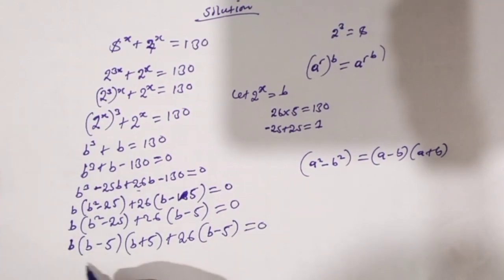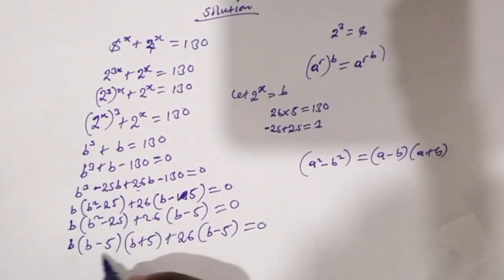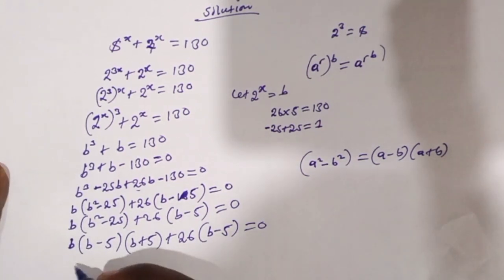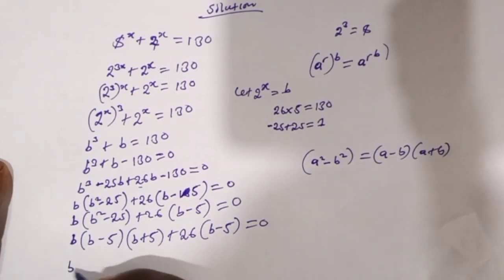Now if you can see the common factor, it is b minus 5, so we factor out b minus 5 to be outside.